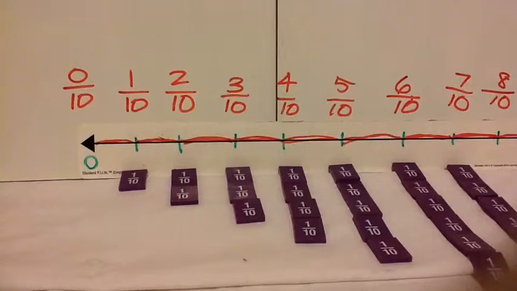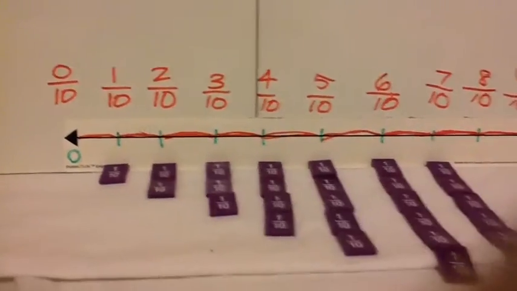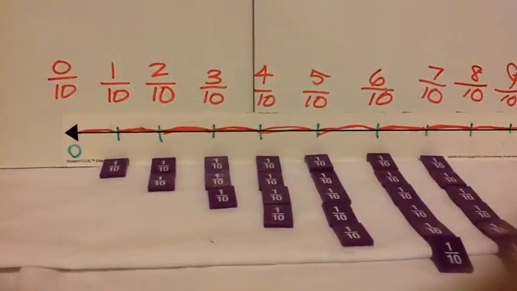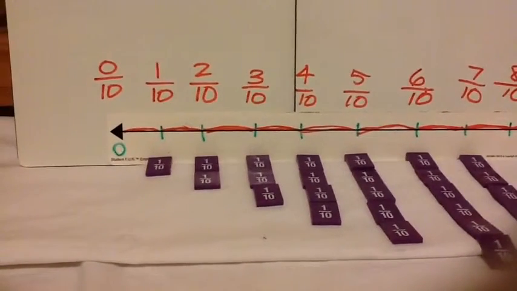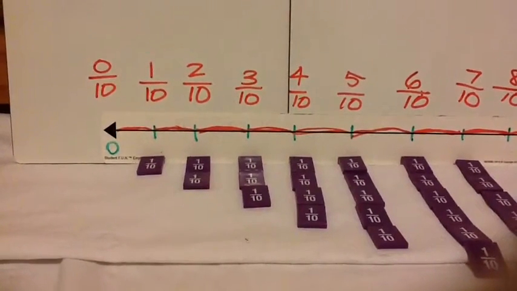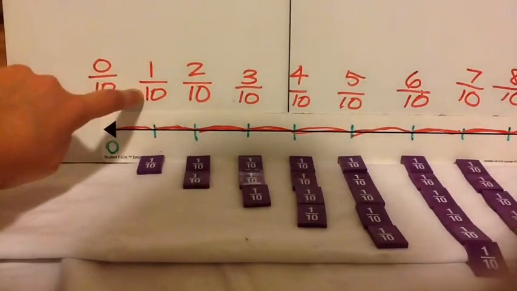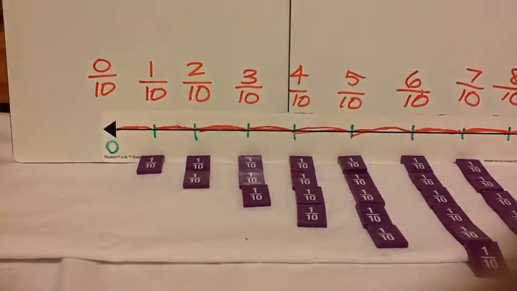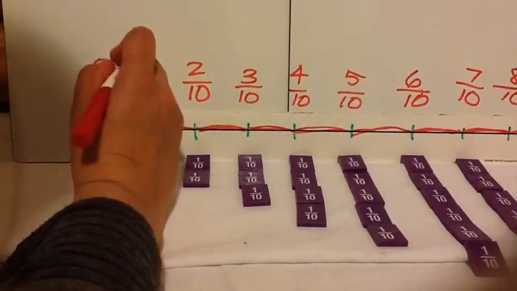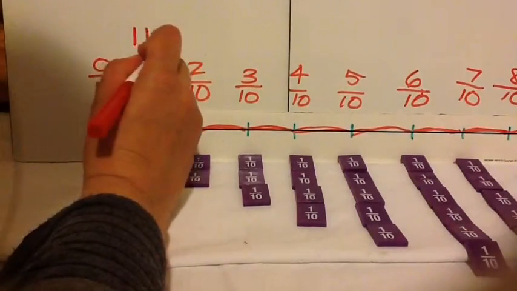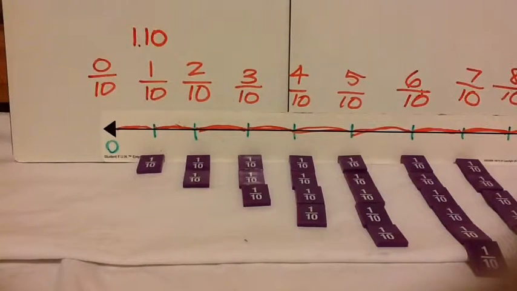So now, this is where it gets a little tough. This is where you have to also represent the decimal. And a lot of students will hear the words 1/10, because that's how you read the fraction, and they will think they need to write 1.10. And that is not at all correct.